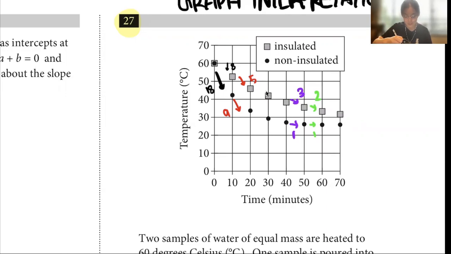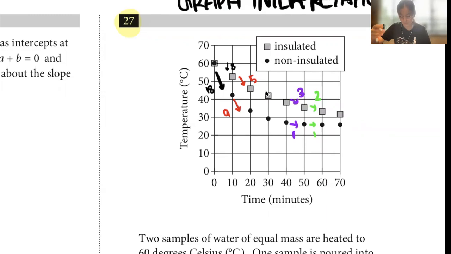So from 0 to 10, the non-insulated seems to change around 18, and the insulated seems to change by 8. And for the 10 to 20 time interval, it was 9 for the non-insulated and 5 for the insulated.